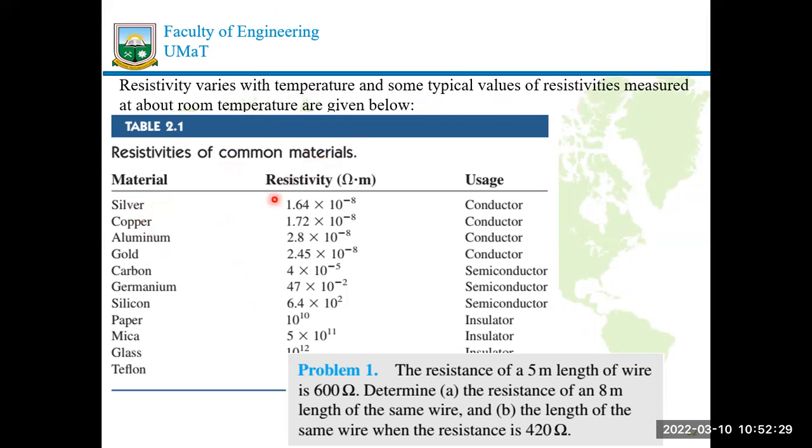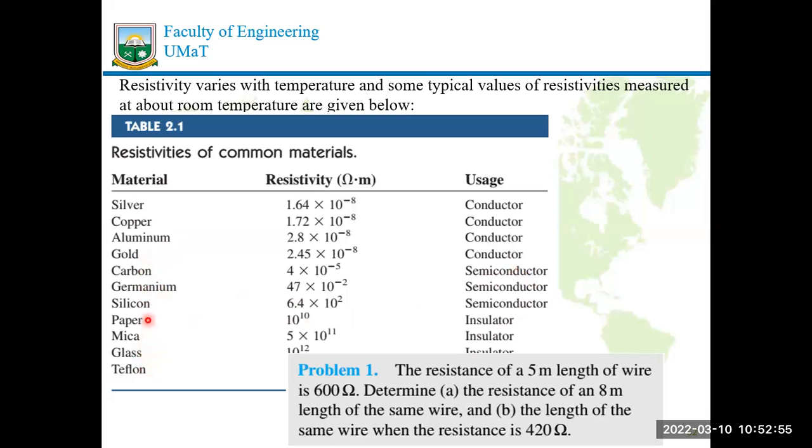We see that silver has the lowest resistivity, followed by copper, then aluminum and gold. We have carbon, germanium, silicon, those three are semiconductor materials, followed by insulators, which are paper, mica, glass, Teflon.